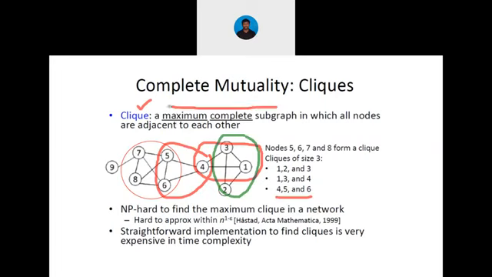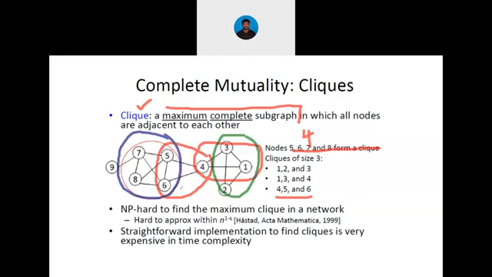A clique is a maximum complete subgraph in which all the nodes are adjacent to each other. Nodes 5, 6, 7 and 8 form a clique, which has a clique size of 4, right? This is another subgraph also. You got what I'm saying? 5, 6, 7, 8.